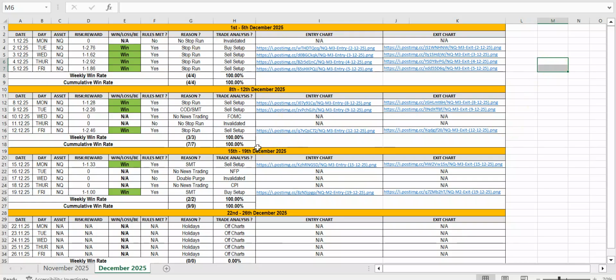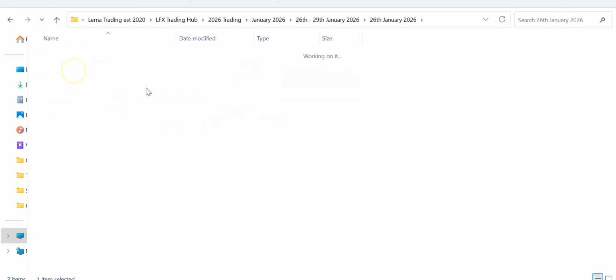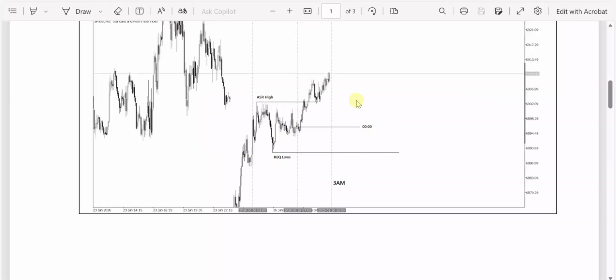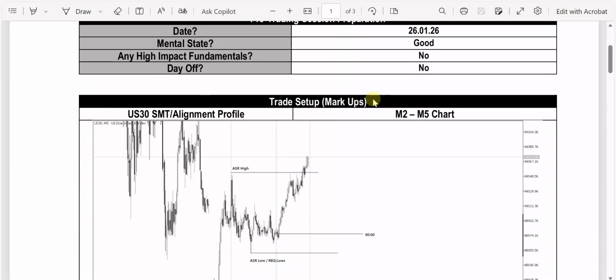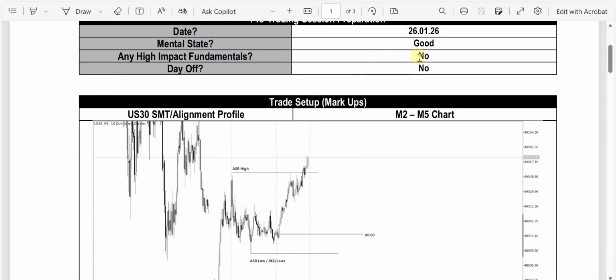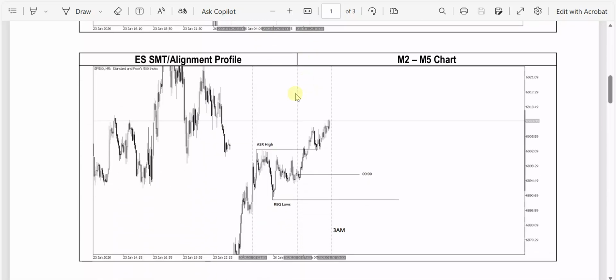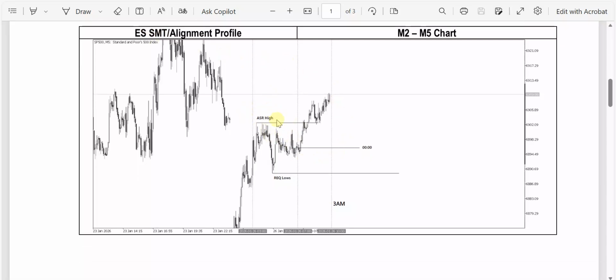Okay, so I'm going to now do an example, illustrate an example. There's a trade I took on the 26th. Let me open the journal. Yeah, so you can see this was the 26th of January. You can see US 30, you can see price taking out the Asian high. On ES, which is S&P, you can see price taking out the Asian high.